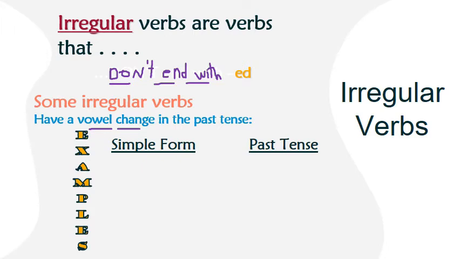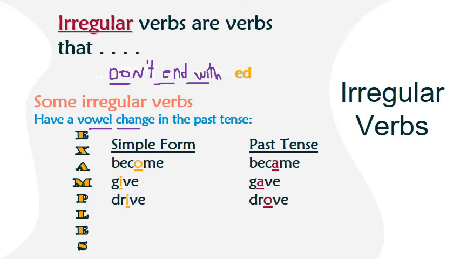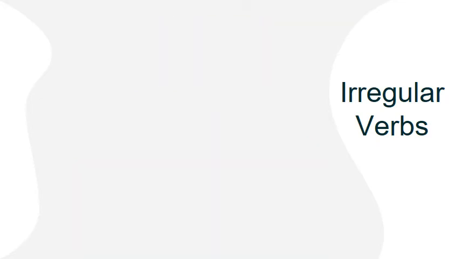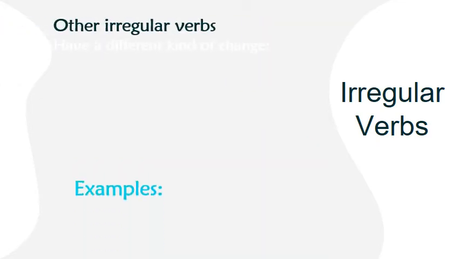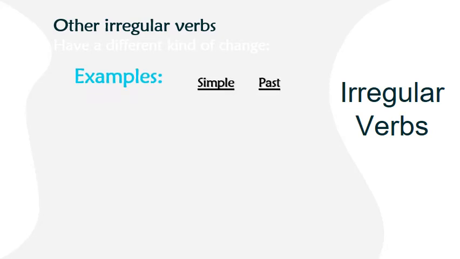Let's see some examples. Become, became. Give, gave. Drive, drove. Forget, forgot. Okay? Some irregular verbs change completely, like teach, taught.